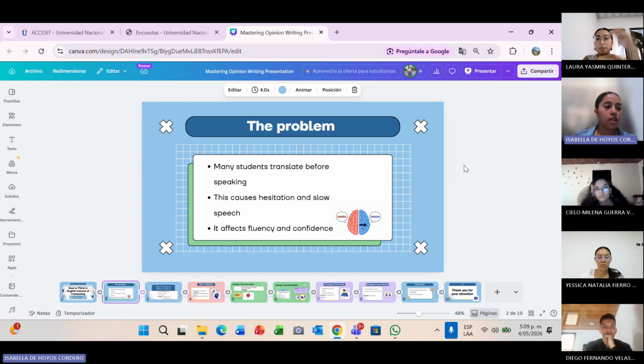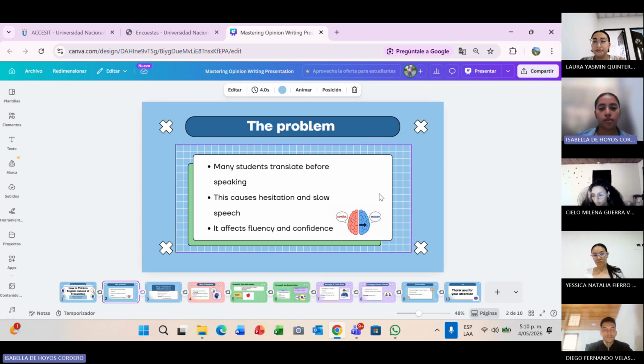Many students understand English, but when they try to speak, they stop, hesitate, or feel nervous. This usually happens because they are translating everything from Spanish to English in their minds. This process makes communication slow and difficult.